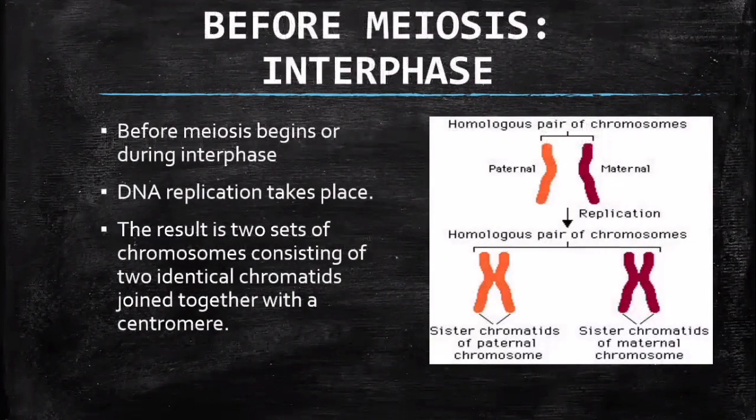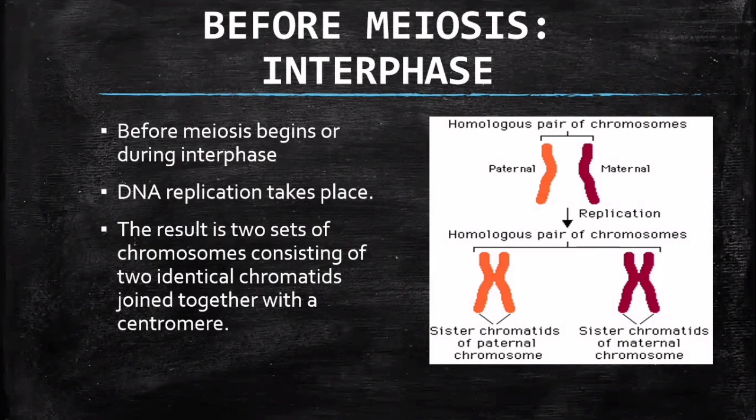As I stated during the description of the lesson, we are going to look at a phase that comes before meiosis, which is referred to as interphase. Before meiosis starts, during interphase, DNA replication has to take place.